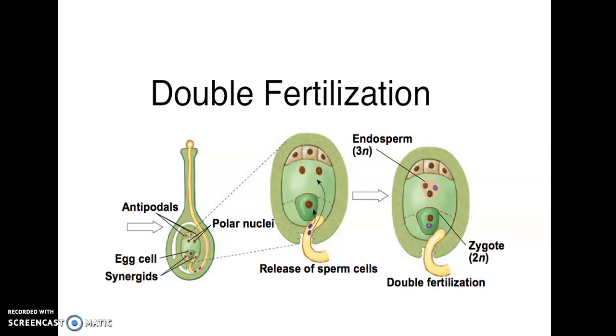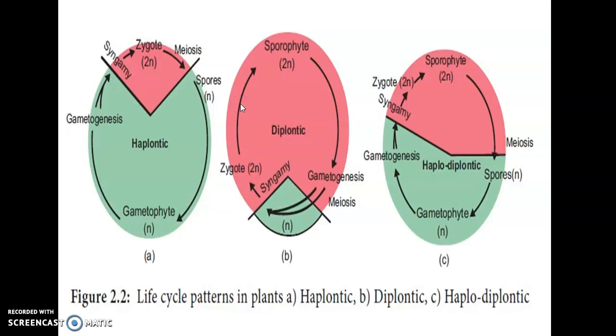And the last topic of this lesson is plant life cycle patterns and alternation of generation. In this topic we will discuss life cycle patterns. While explaining algae, bryophytes, pteridophytes, gymnosperms and angiosperms, we had discussed the life cycle patterns separately, but here we are explaining it in a diagrammatic form.